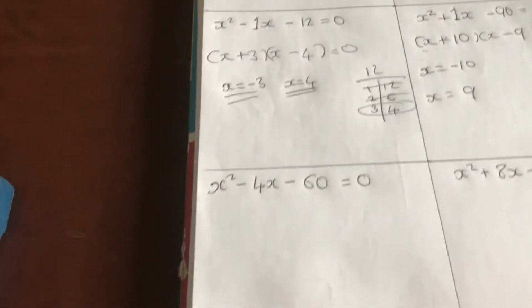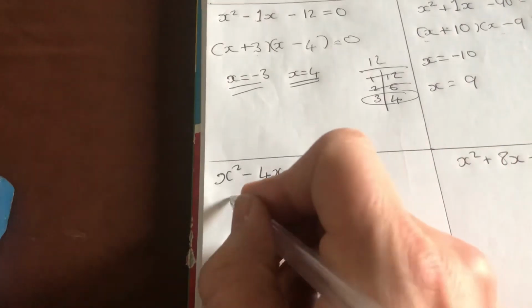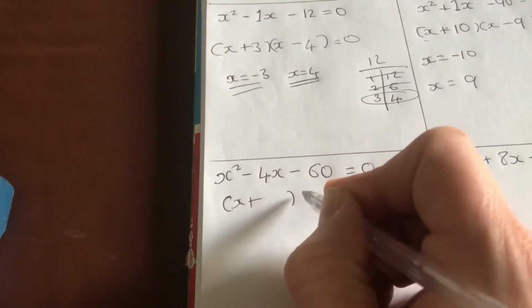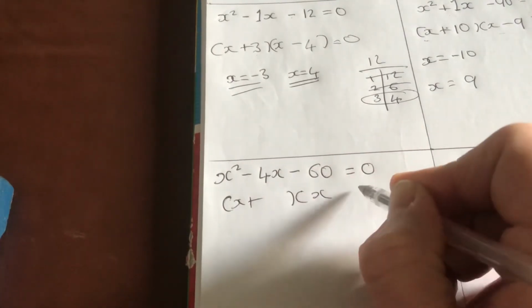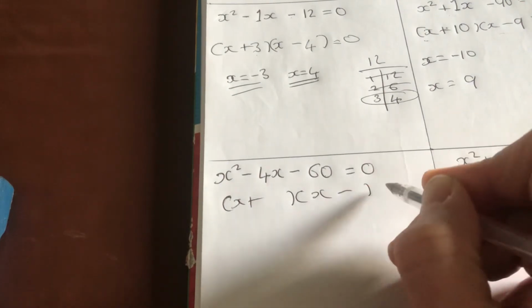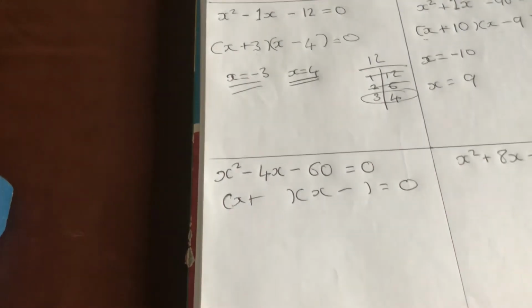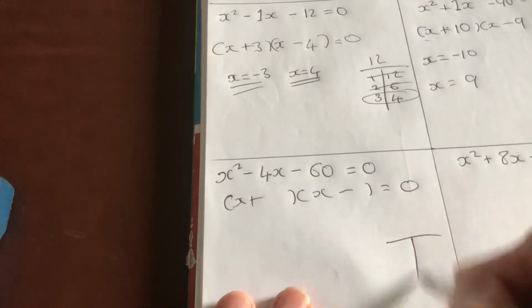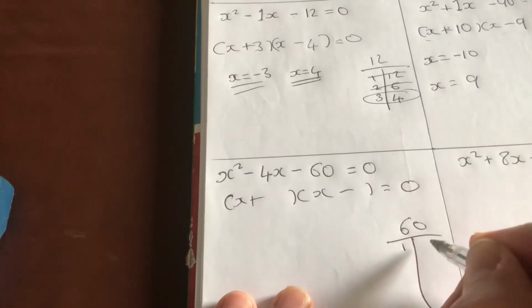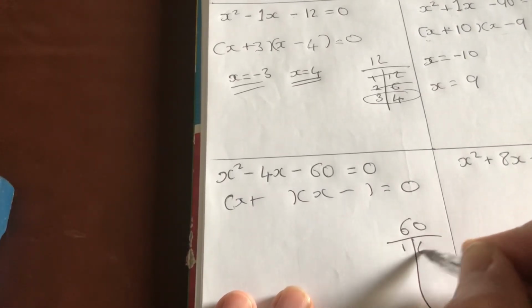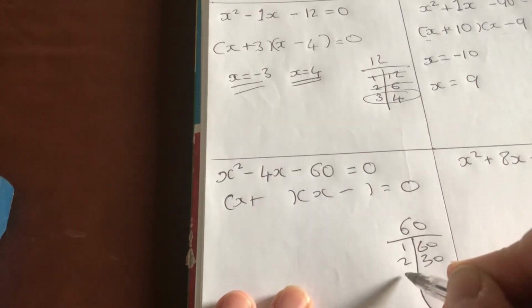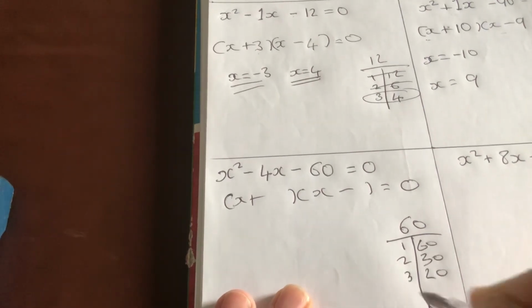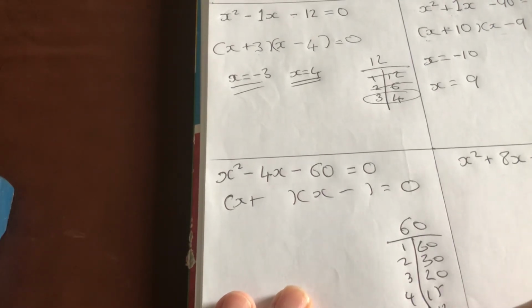Let's just do a couple more. There you go. Well, positive and a negative. You might be able to do this by now. Hopefully you're thinking, yep, let's deal with 60. So 1 and 60, 2 and 30, 3 and 20, 4 and 15, 5 and 12, 6 and 10.